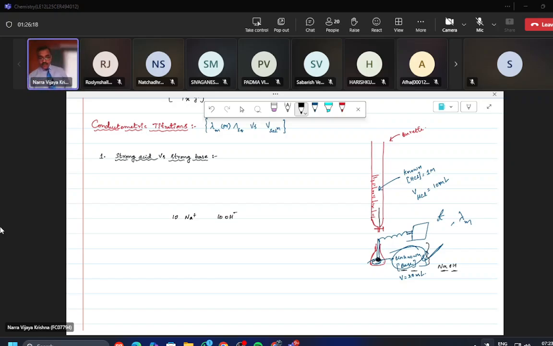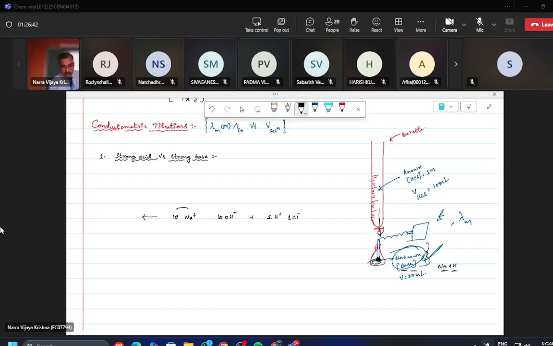Now I have added one HCl. Means what I have added? One H plus and one Cl minus. Now both will react. What will you form? NaCl plus H2O. Correct?